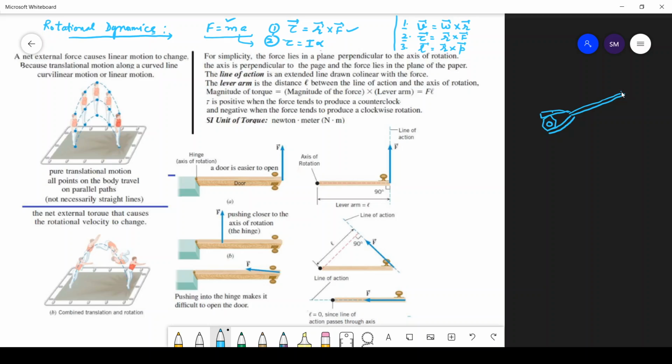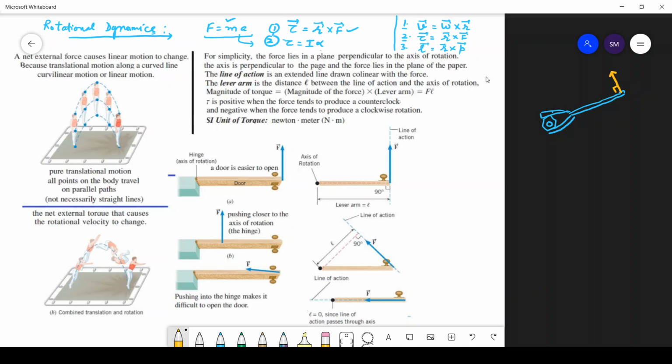So this is my wrench. I want to open this nut, so I will apply the force from the hand. I will hold this wrench. How will I hold it? Actually I should hold it at 90 degrees to apply the maximum force.